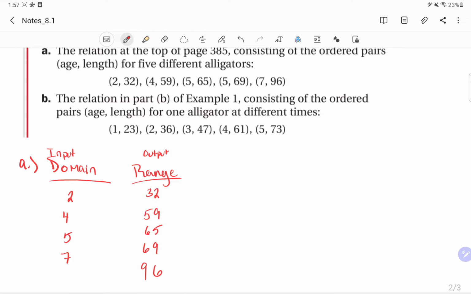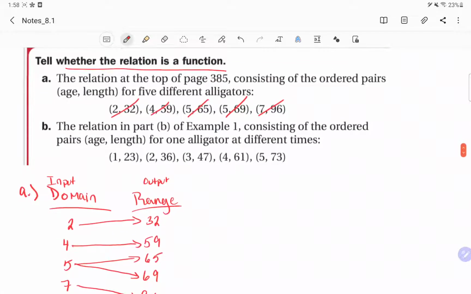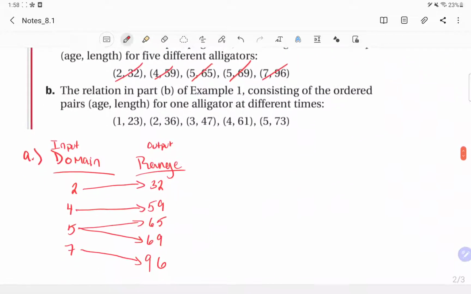Okay, match them up. 2 pairs to 32. 4 goes to 59. 5, that one goes to 65, and then this 5 goes to 69. And then our last one for 7 goes to 96. Okay, so they want us to determine, is this relation a function?